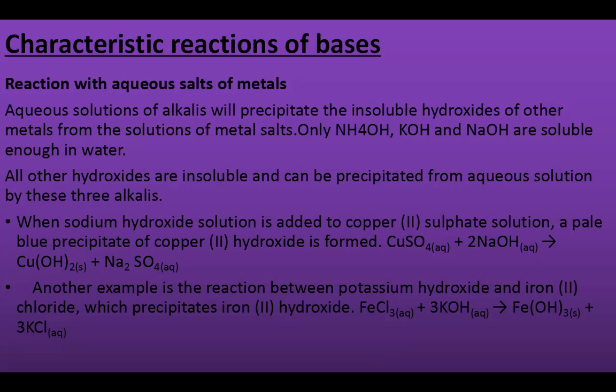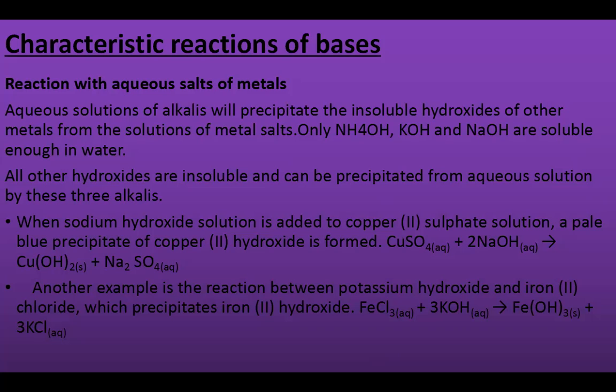For example, when sodium hydroxide solution is added to copper(II) sulfate solution, a pale blue precipitate of copper hydroxide is formed. In the reaction, copper sulfate reacts with sodium hydroxide to give copper hydroxide and sodium sulfate.